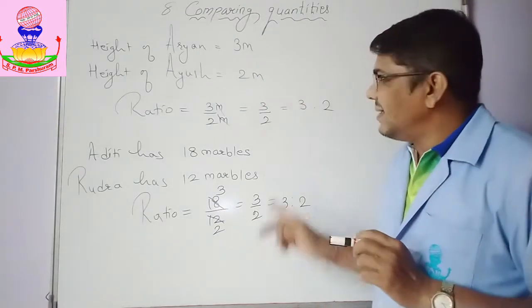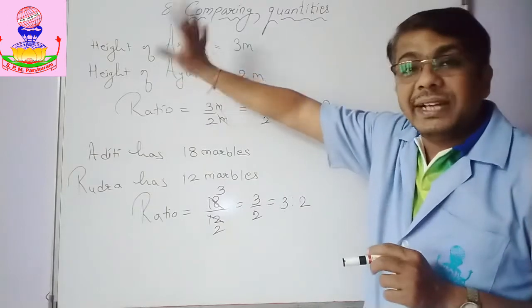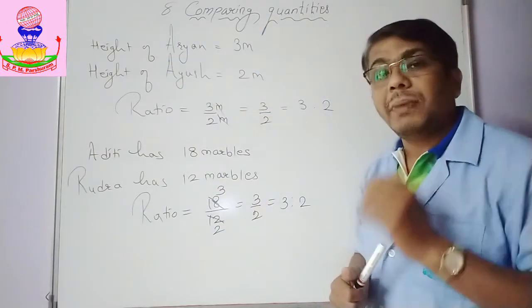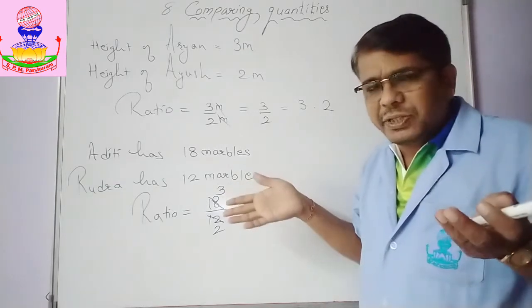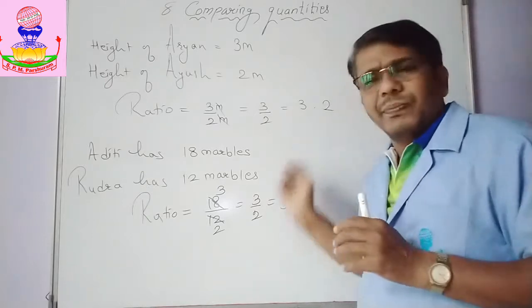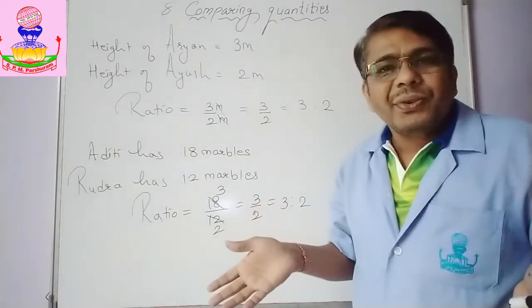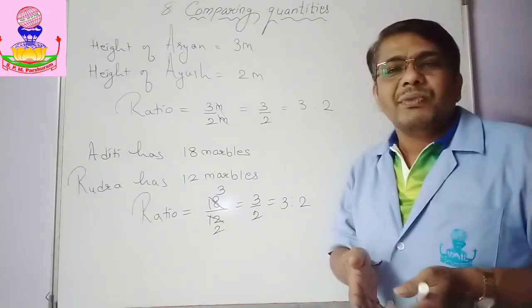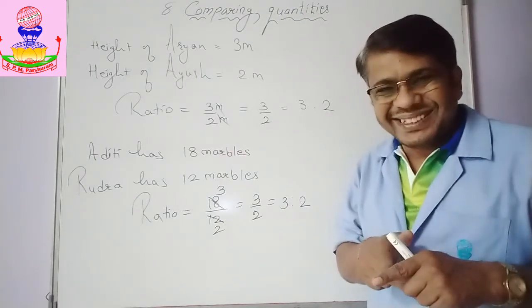Do you find here something? Here I have compared speeds, and here I have compared ratio of marbles. Both are different properties, both are different quantities. But you have got same ratio. Can be. You can have similar ratios for comparisons of different properties.